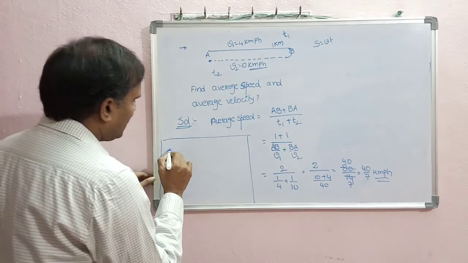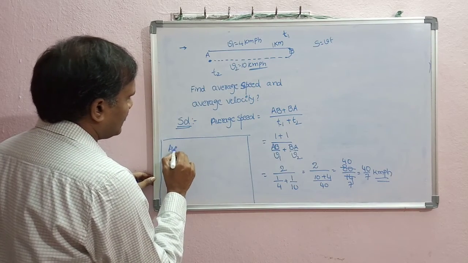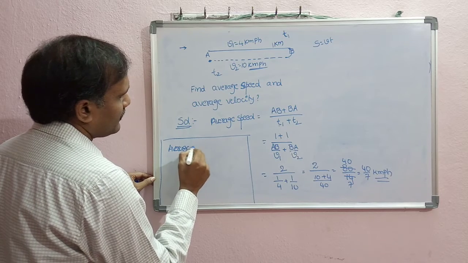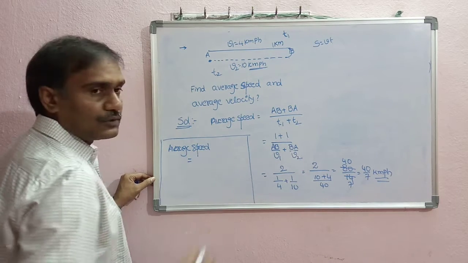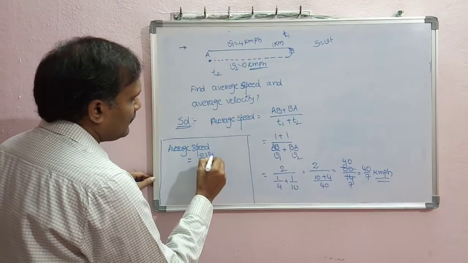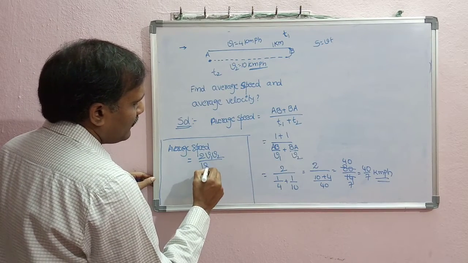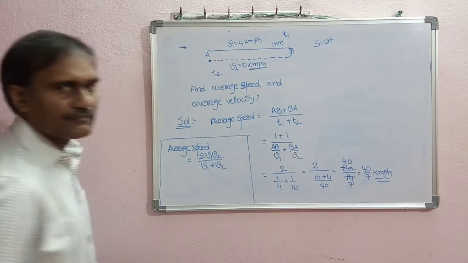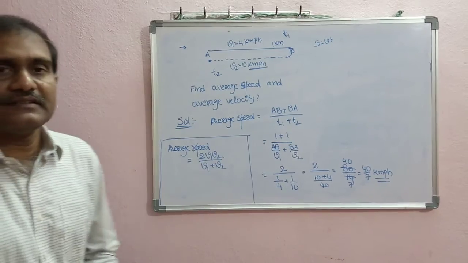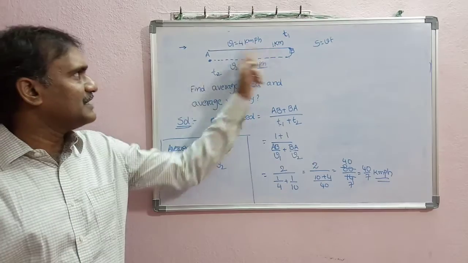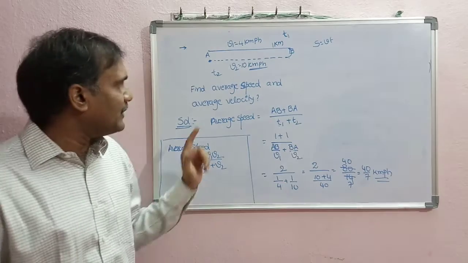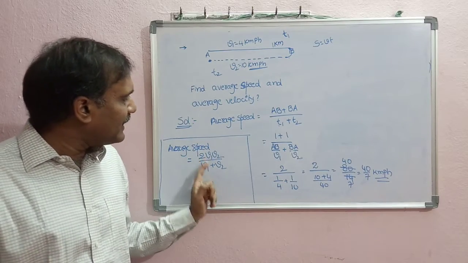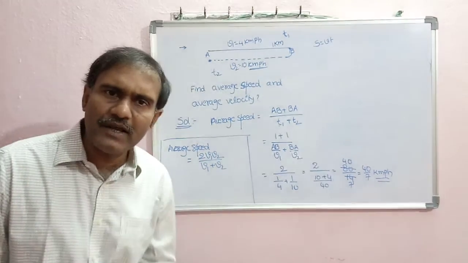Therefore, average speed can be calculated by using the formula we already derived: 2v1 v2 divided by v1 plus v2.